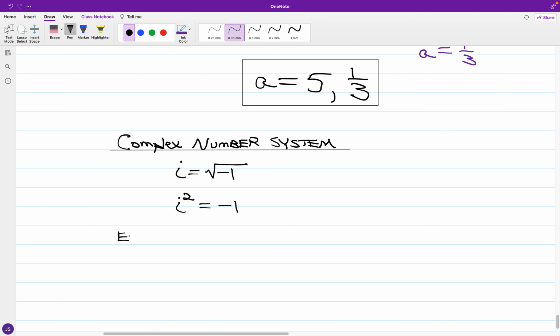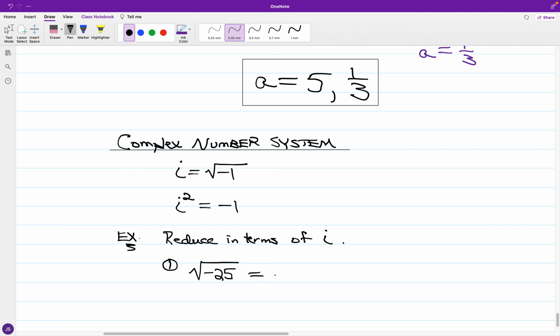And let's say that for the complex number system, if I were to reduce in terms of i, say I have something like the square root of -25.